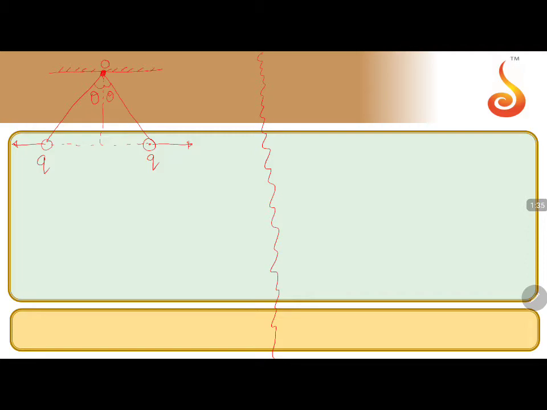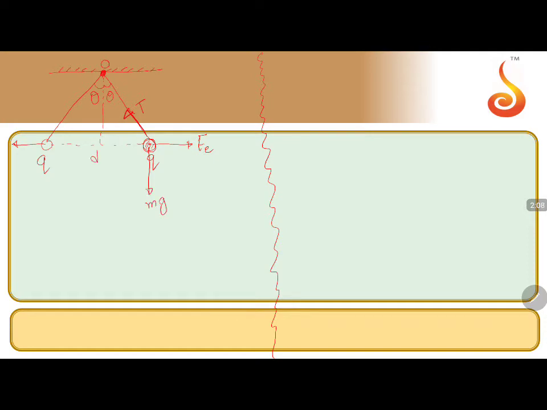If you account for the equilibrium of one sphere, it is enough, because the other sphere will also be in equilibrium for the same reason. Considering one sphere, the forces acting on it will be electrostatic force of repulsion, tension T, and mg vertically downward.